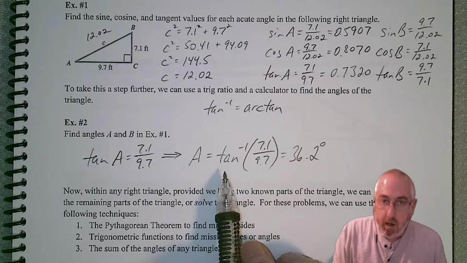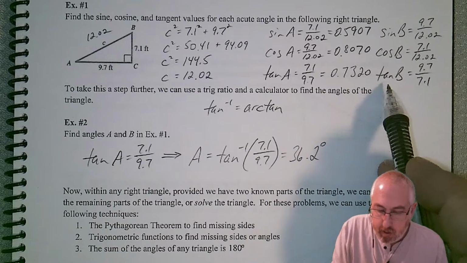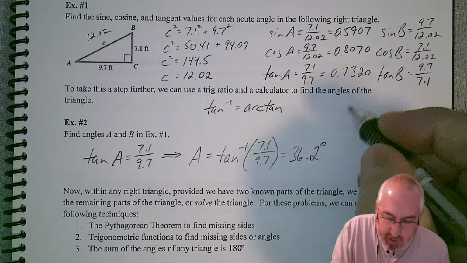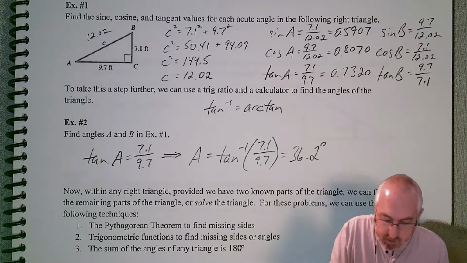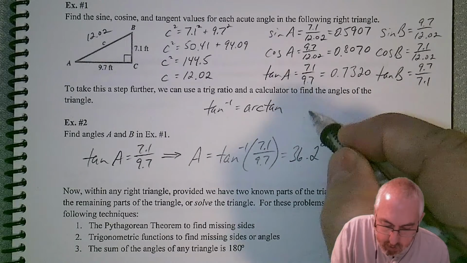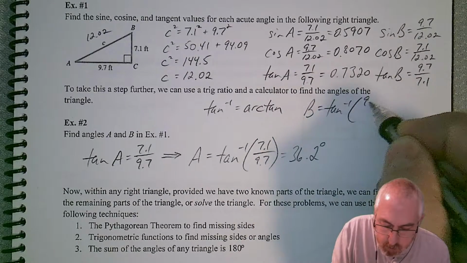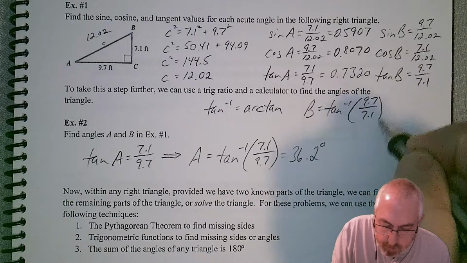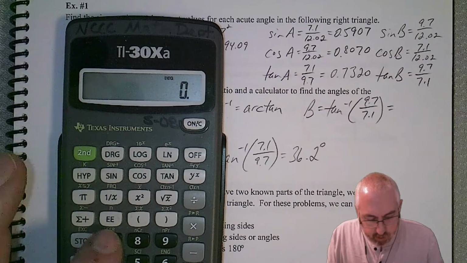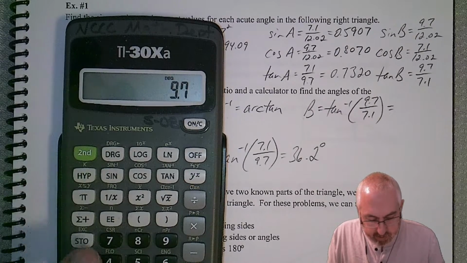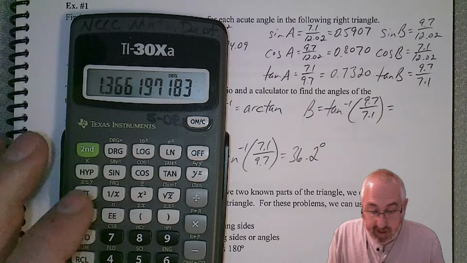Or we could also use an inverse trig function. So we know that the tangent of B is 9.7 over 7.1. So let's just verify. So let's see what we get. 9.7 divided by 7.1 equals that.